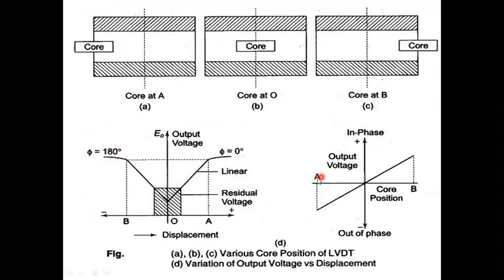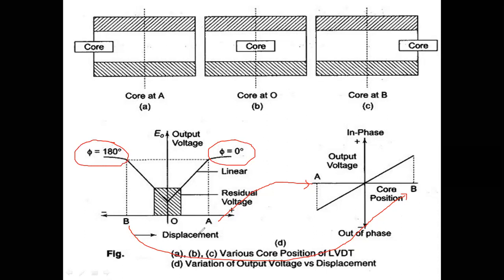Here, this is the A position and this is the B position. Don't get confused. The phase angle is 0 degrees here and 180 degrees here.